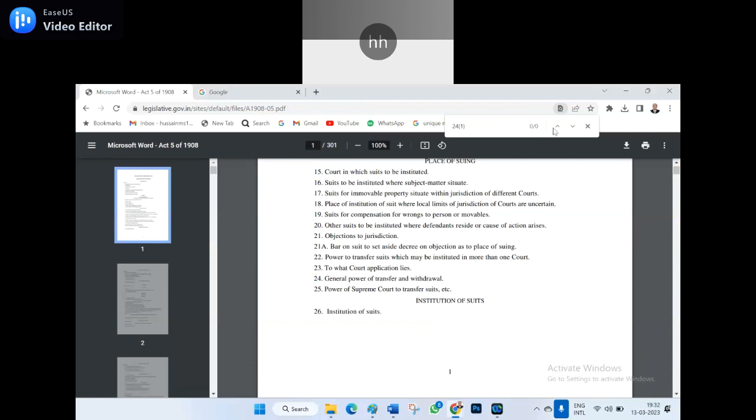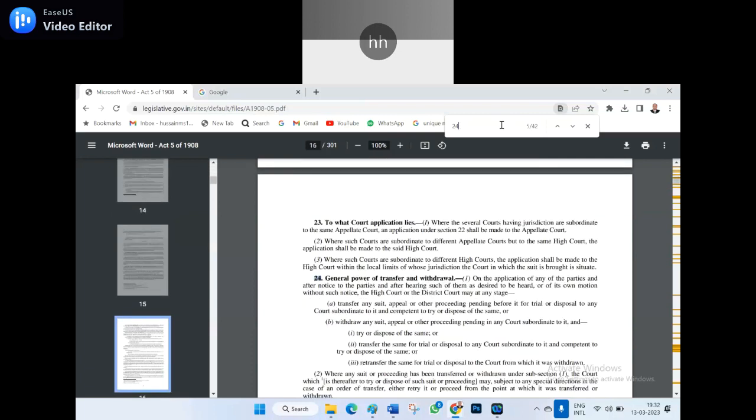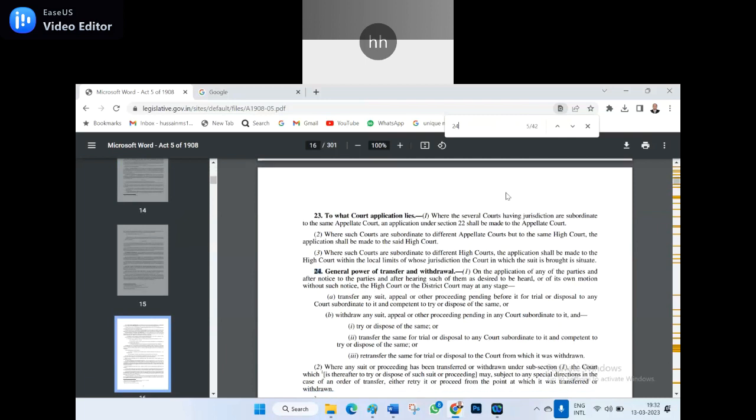It is not showing. Okay, let's make Section 24, 2, 4. Yeah, this is shown here, 1. Then we can directly go to 24. No, this is not the point. Yeah, here it is given.